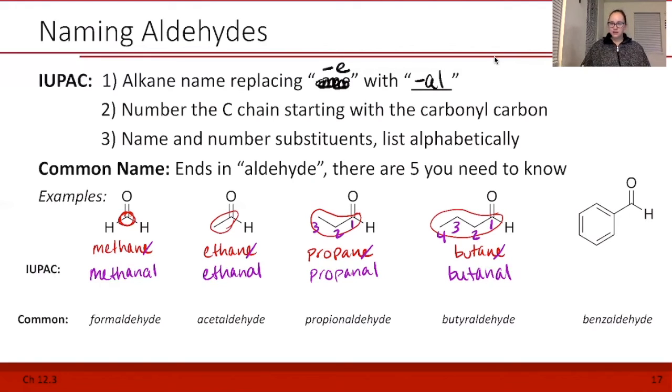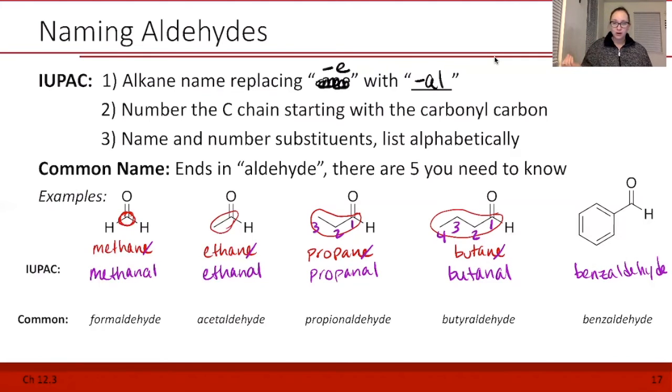And this last one is a little bit weird in that because it has an aromatic ring, it's called something a little bit different. I'm just going to tell you the name of that, and that is benzaldehyde. These in purple are all of the IUPAC names for these particular molecules.